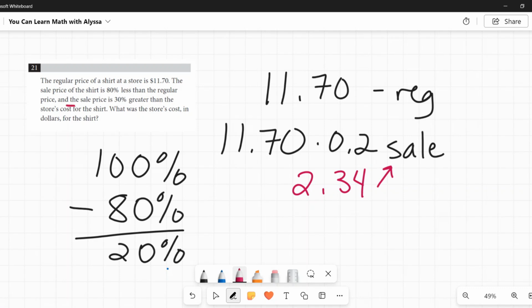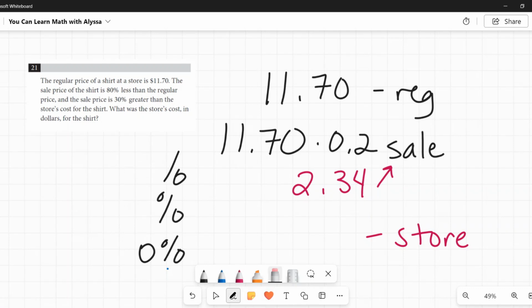Okay, our last part. The sale price is 30% greater than the store's cost for the shirt. So I'm going to call the store's price X. So 30% more than X is the sale price. How would I represent that?